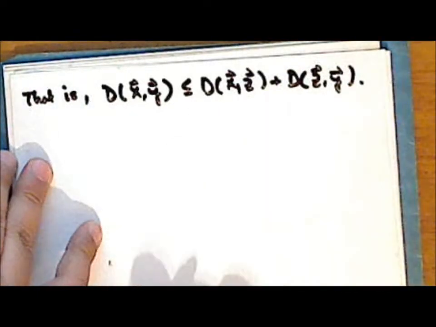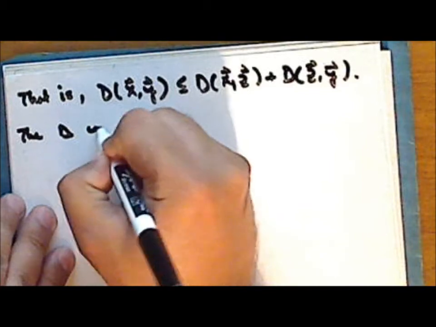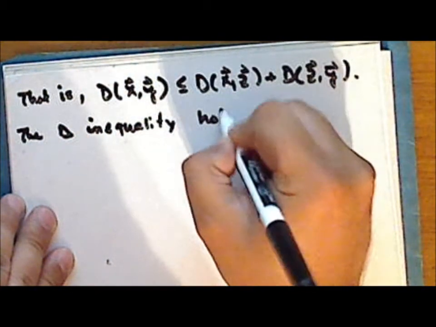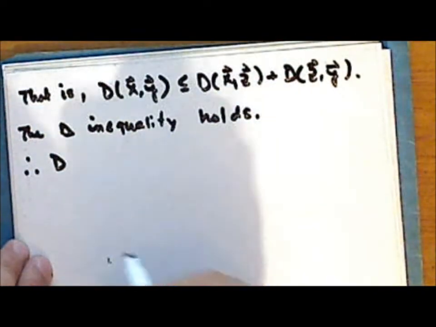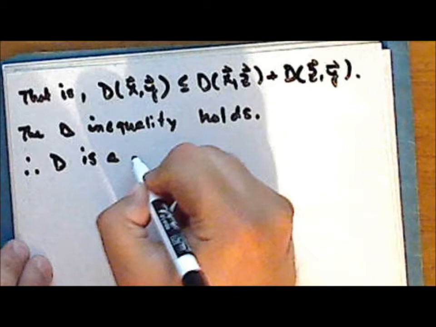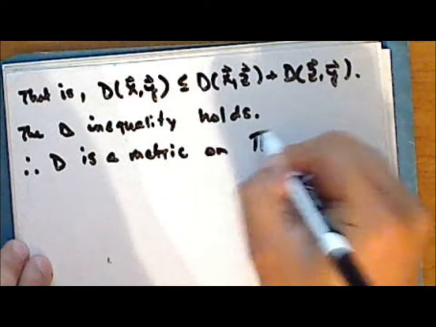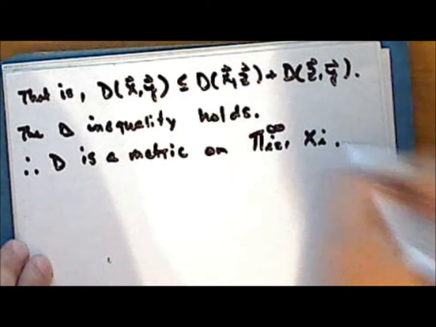So the triangle inequality holds. And therefore the function D is a metric on the countable product of spaces X_i.